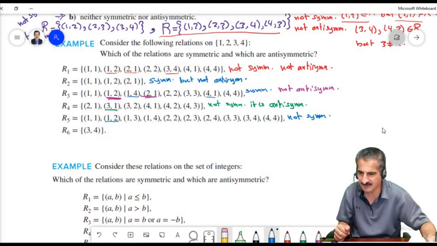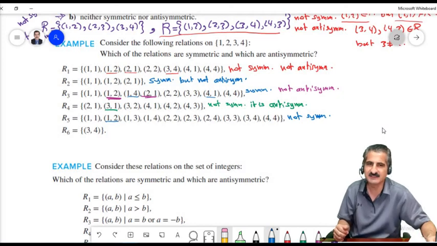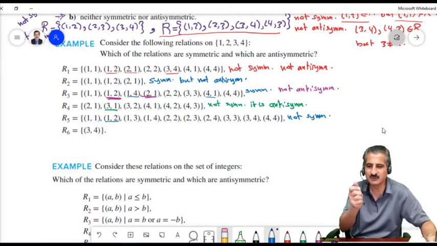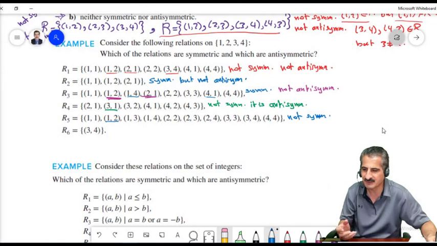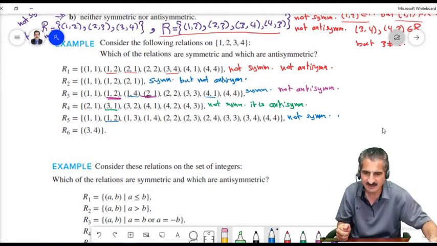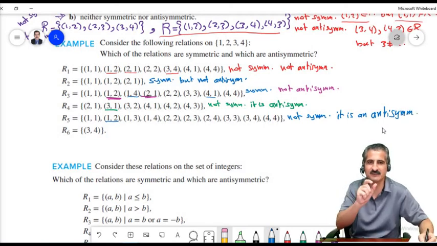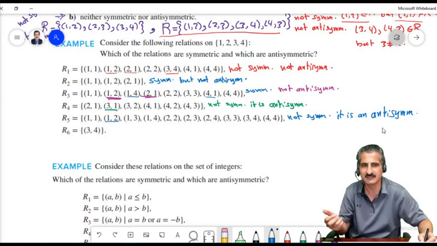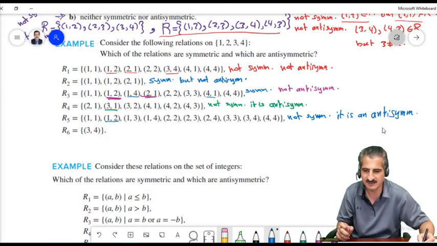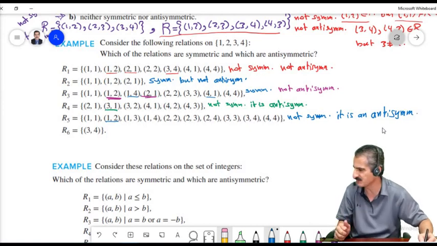Answer me. I'm still looking. It will be not anti-symmetric if I have A related to B and B related to A, but they are not equal. Do I have such a thing? I don't. So it is anti-symmetric indeed, because I don't have (A, B) and (B, A) for distinct elements A and B. I don't have such a thing, so it is anti-symmetric.